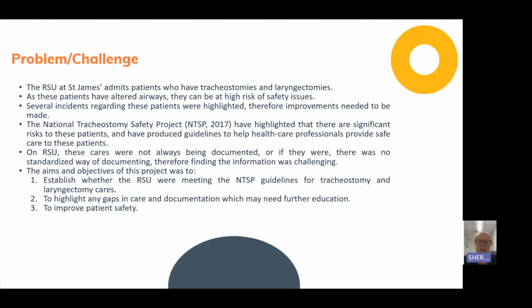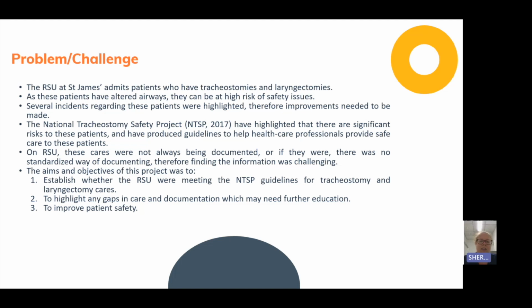The airway management needs to be closely monitored. Last year we had several incidents where these patients were potentially in situations that could have compromised their airways, so we highlighted these as safety incidents.